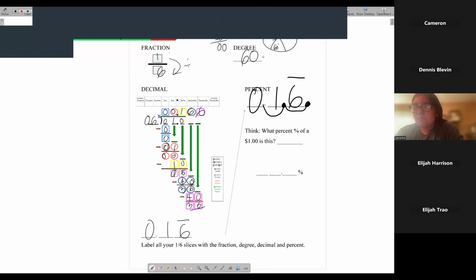Twice. So it looks like this, 16.6 repeating. So it's basically 16 because there's a 6 here, it rounds up. It's going to be 16.7% because there's a repeating 6 there.